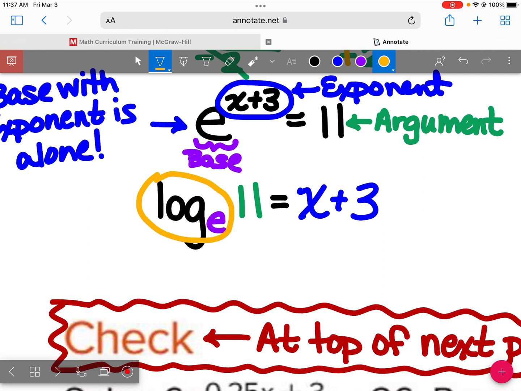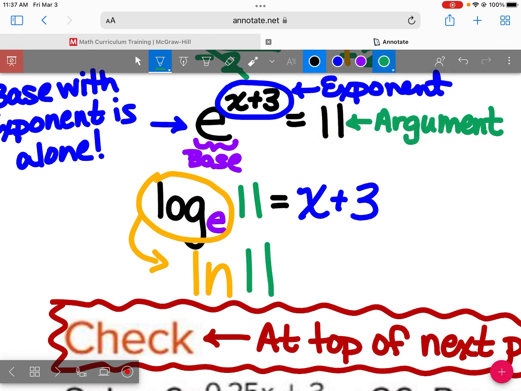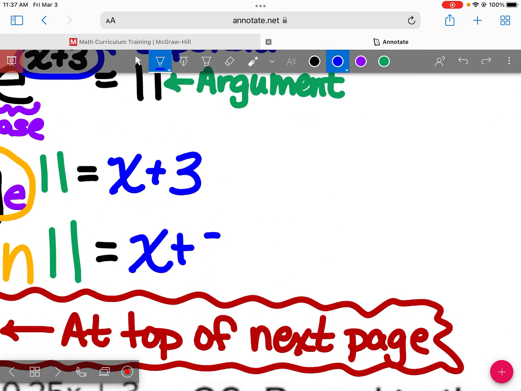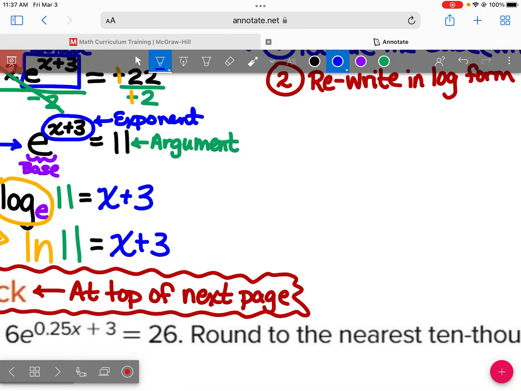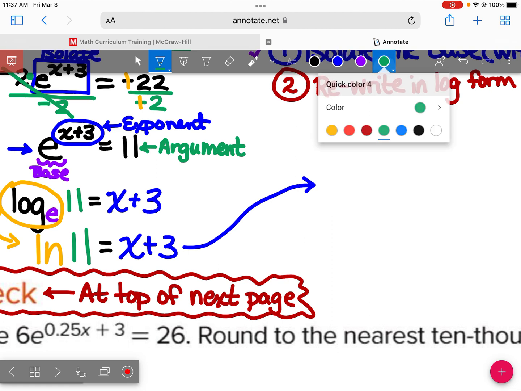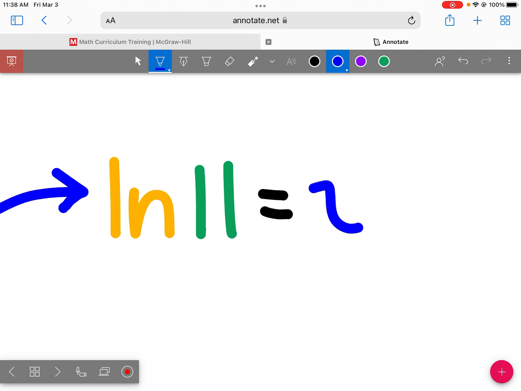Log base e is the same as ln. ln of 11 equals x plus 3. I'm going to have to bring that over here. ln of 11 equals x plus 3.